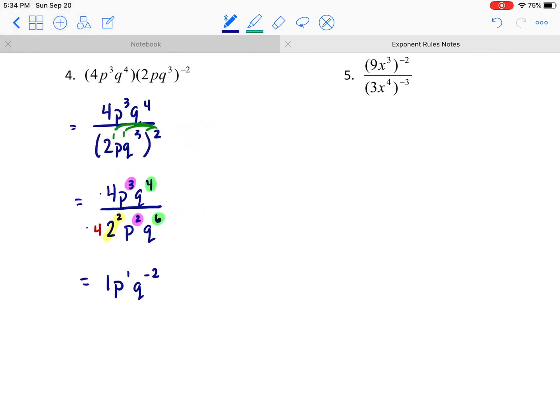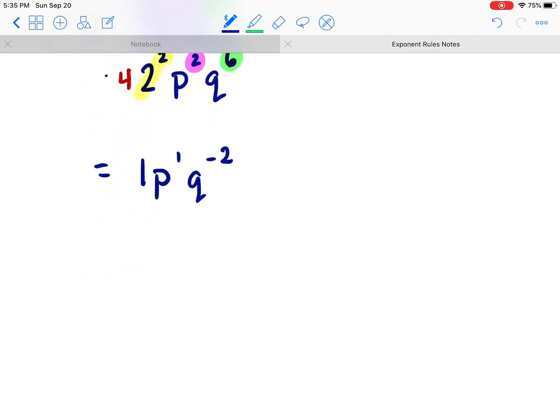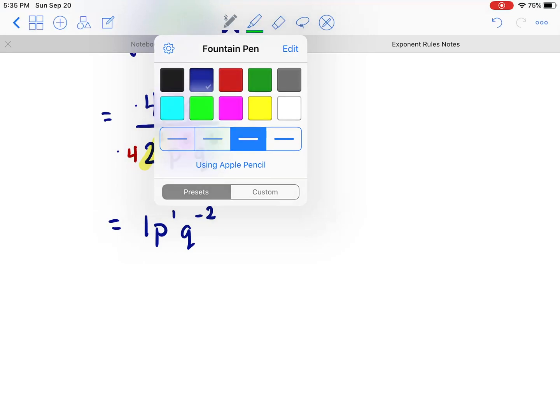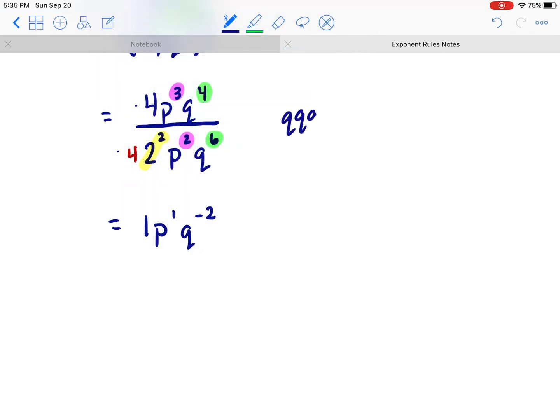And negative exponents, again, are not going to be allowed. So that q, the base of that negative, is on the wrong side of the fraction. Think about it: if I have 4 of these on the top, and I have 1, 2, 3, 4, 5, 6 of them on the bottom, when those 4 reduce, the 2 left over were supposed to be on the bottom of that fraction.